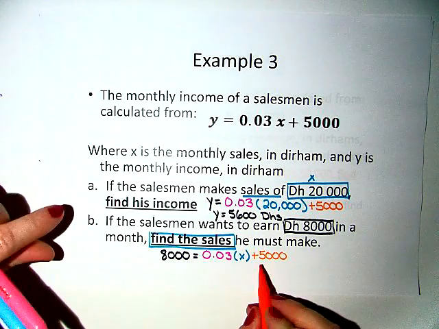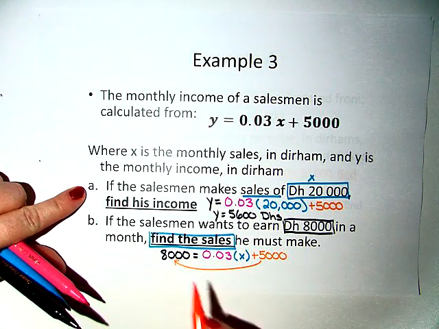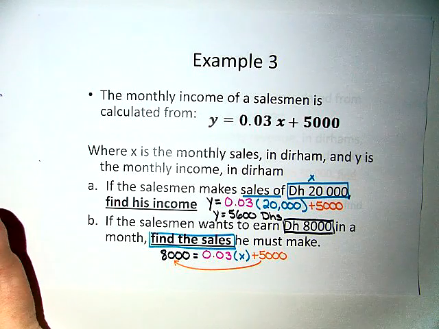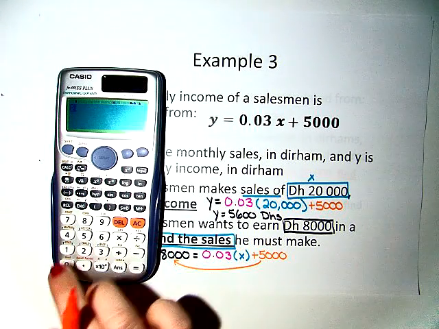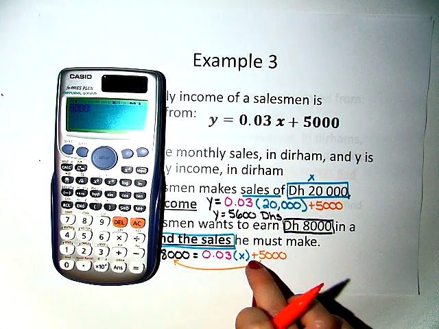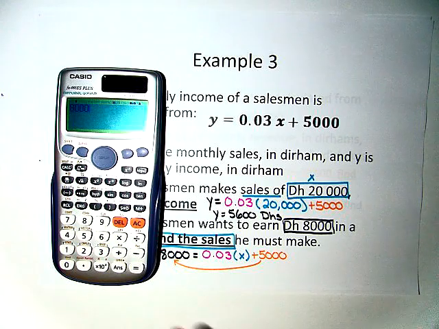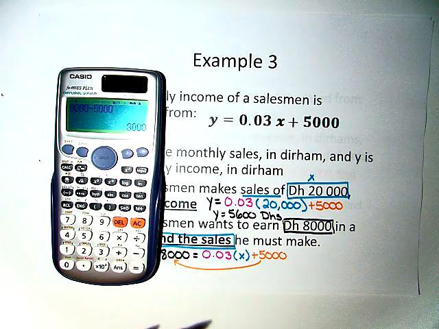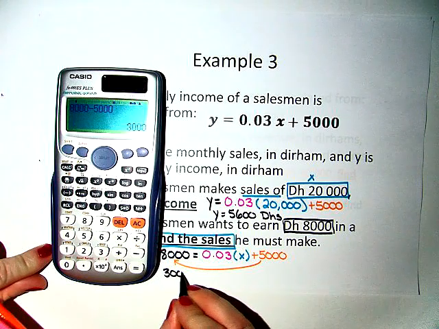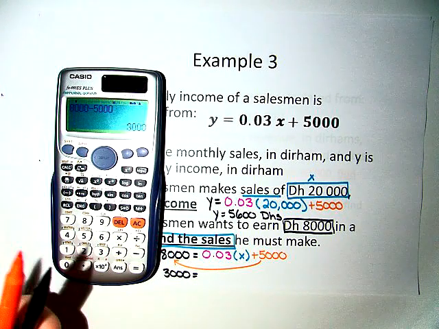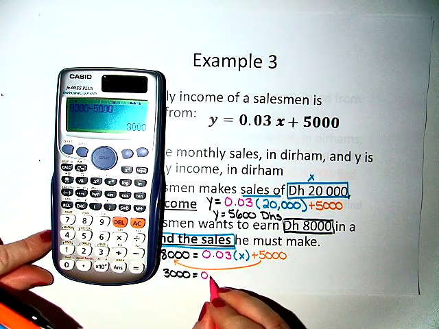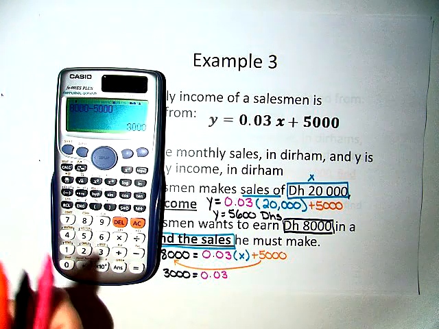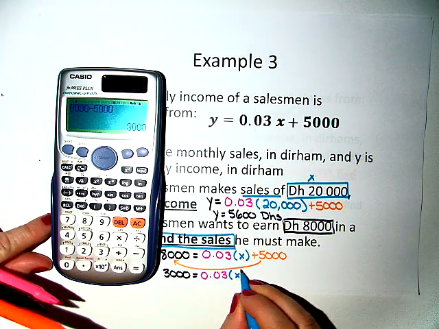In order to solve this, we need to start by moving the 5,000 over. So we start by taking 8,000, and when we move the positive 5,000 over, it becomes negative, so minus 5,000 gives me 3,000. So 3,000 equals 0.03 times x.